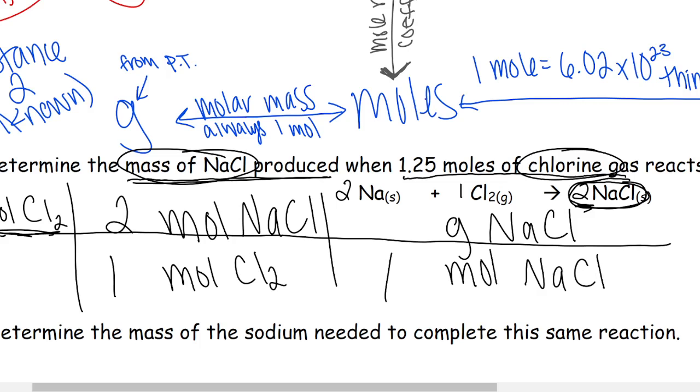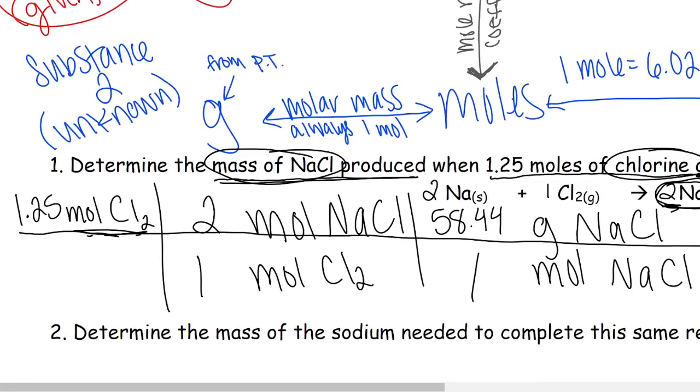All right, when I press enter, what do I get? 58.44. Perfect. So 58.44 is the molar mass of sodium chloride, which tells me that for every 1 mole of sodium chloride, I have 58.44 grams.